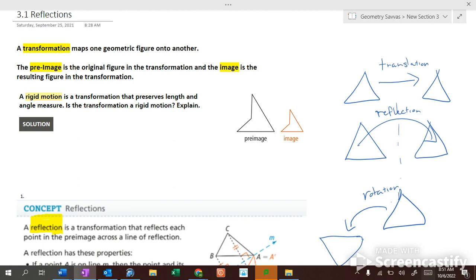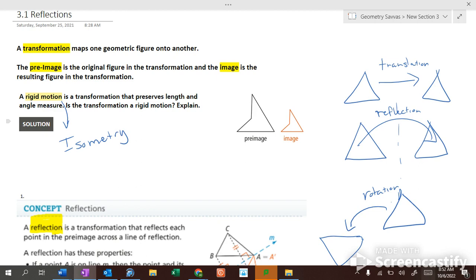Because the sides will be the same length and the angles will be the same size. So, another word for rigid motion that we'll use in this chapter also is isometry. So, if you see the word isometry, it means the same as rigid motion. They're going to make congruent figures.